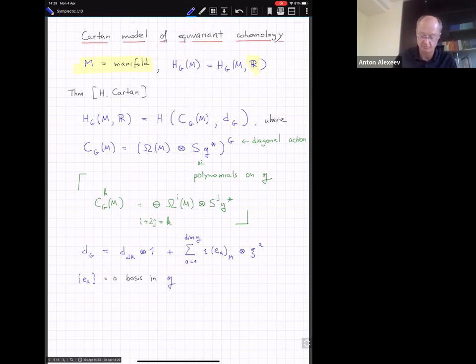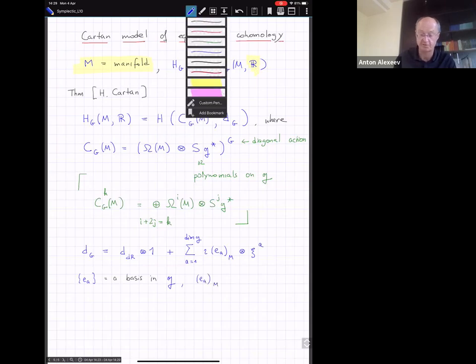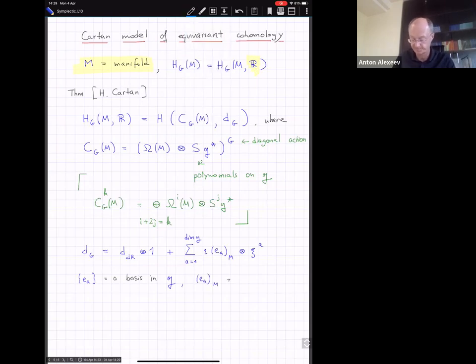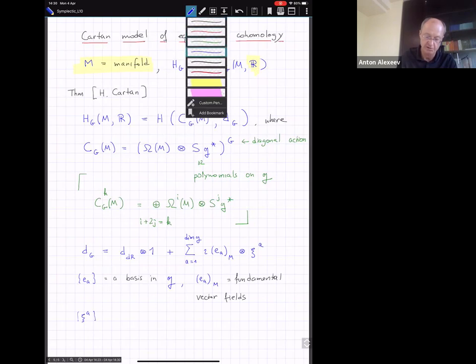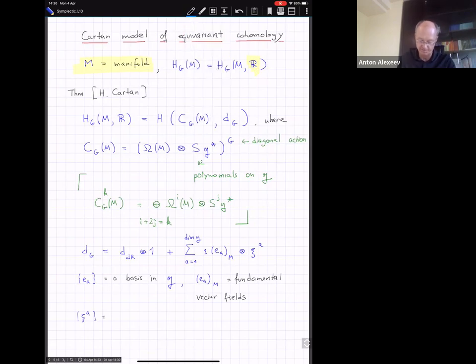Then, as usual, e_a^M are fundamental vector fields, right? So fundamental vector fields. And those ξ^a are the dual basis.